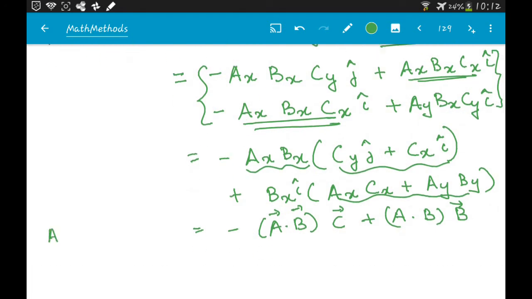Even using an example, we have shown that this is the formula.